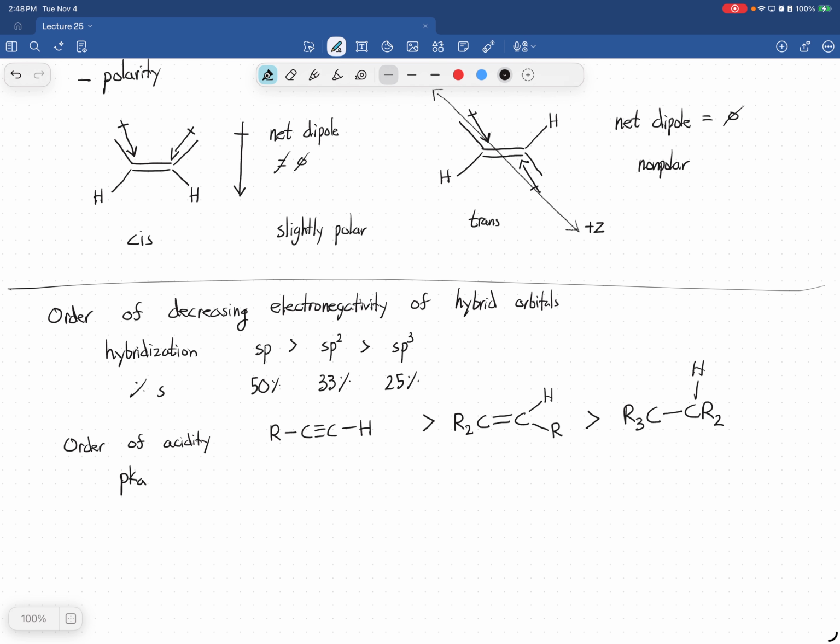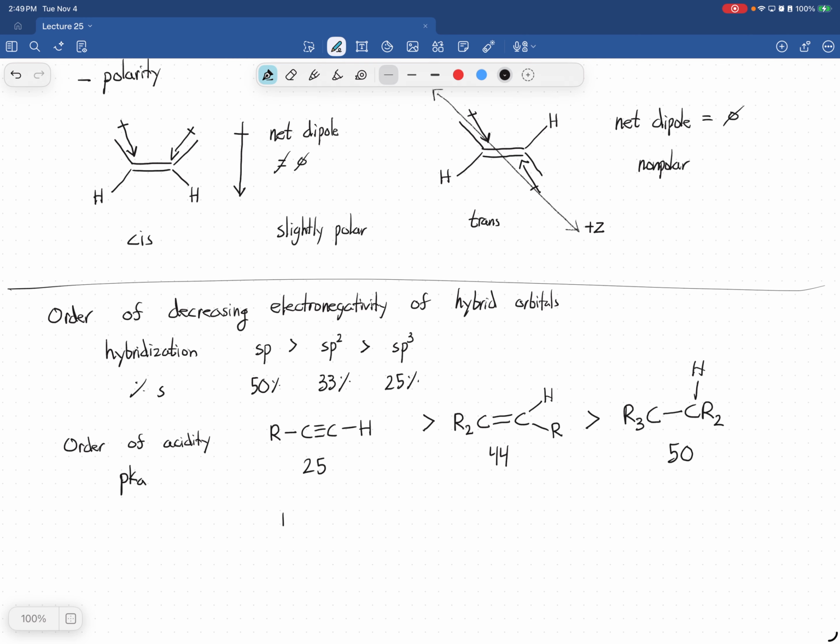So, which one do you think will be the most acidic? All right, which one has more S character? The triple bond. So its conjugate base should be more stable, right? More S character means closer to the nucleus, so the negative charge is more stable. So this one actually has the lowest pKa, 25. Alkenes, it goes even higher here, 44, and then alkanes is a whopping 50.